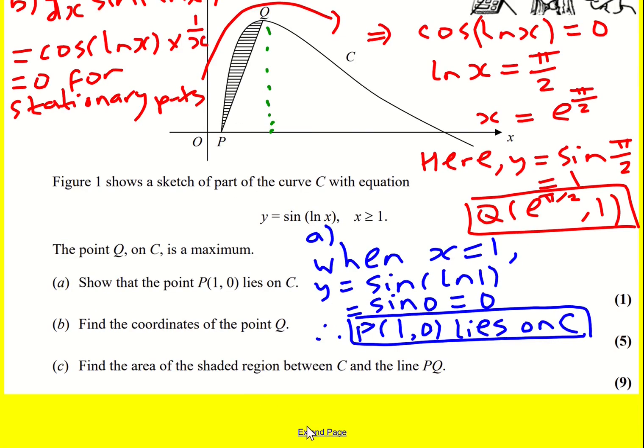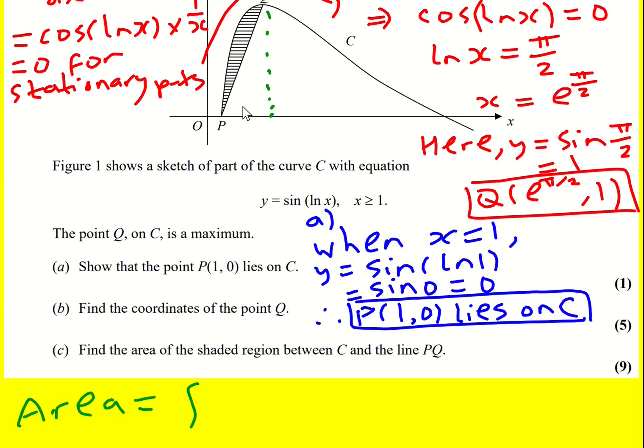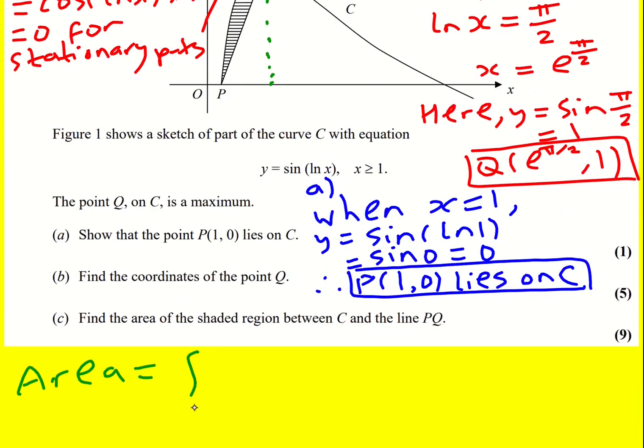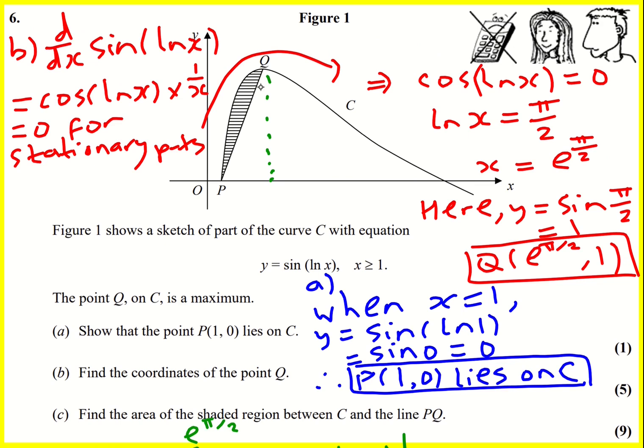So that shaded region is going to be the integral from 1 to e to the pi over 2 of our original function, minus this green area here, which is just a triangle, the height of which is 1, and the width is going to be e to the pi over 2 minus 1.